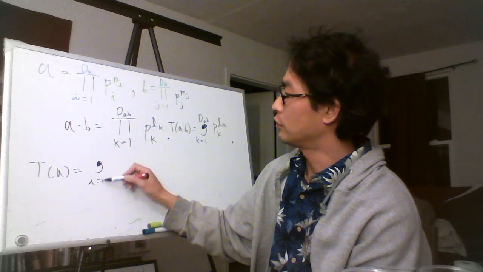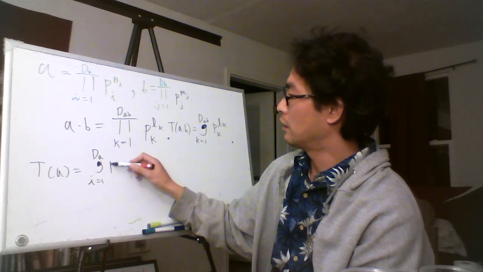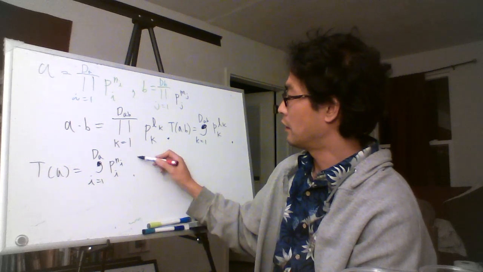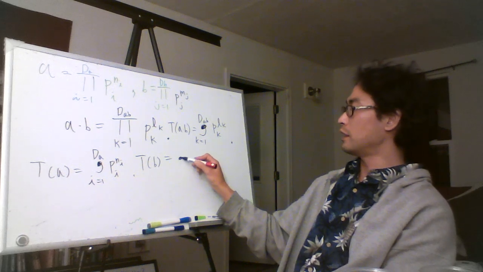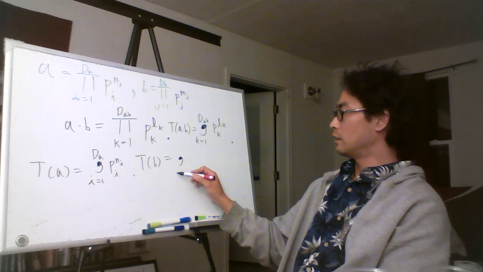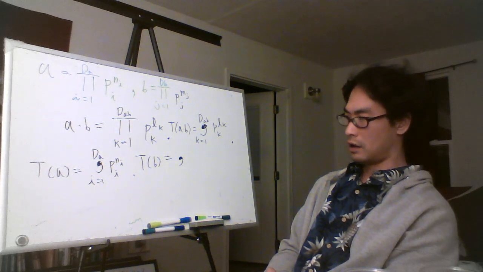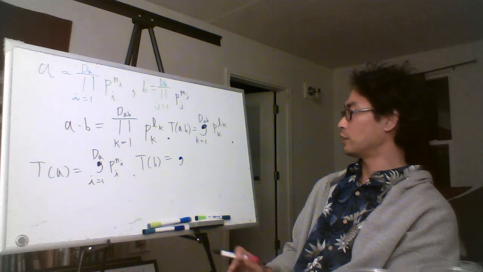I from 1 to D of A, pi and I. And T of B, you just change pi into comma. I made a mistake, I'm sorry.